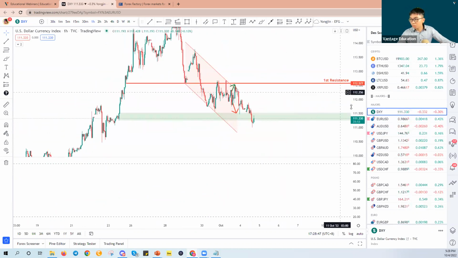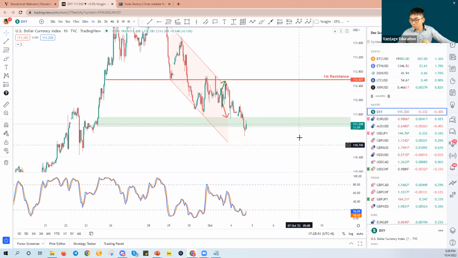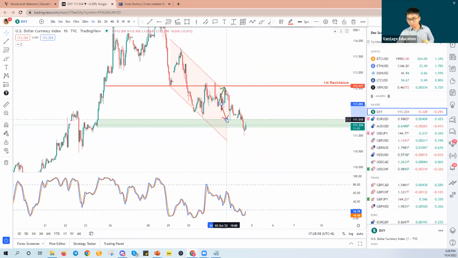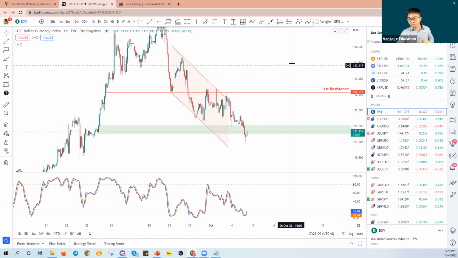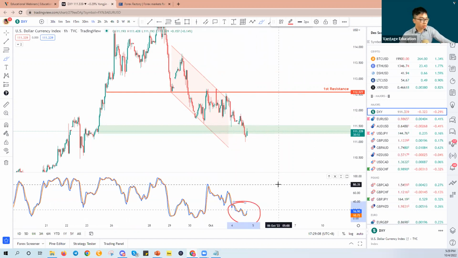Okay, so we were looking at DXY. DXY is currently on the 1 hour. Let me remove these lines. On the 1 hour, we are currently in the oversold area.